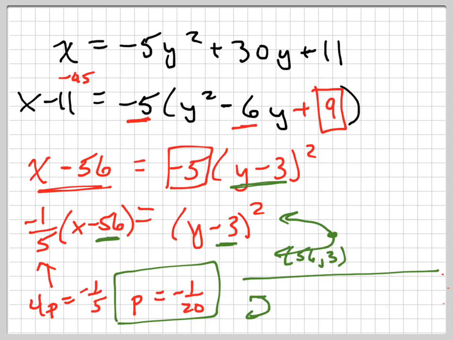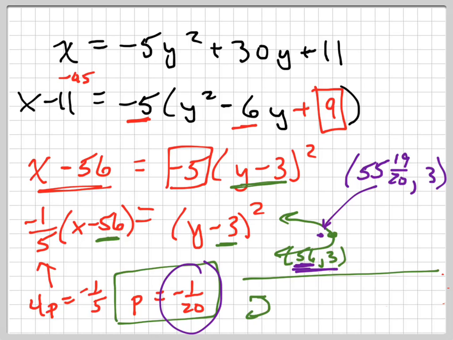That means the p, I'll use purple, that point right there is -1/20th away from the vertex. So I have to subtract 1/20th from 56. So that point right there is 55 and 19/20ths, comma 3. That's my focus.